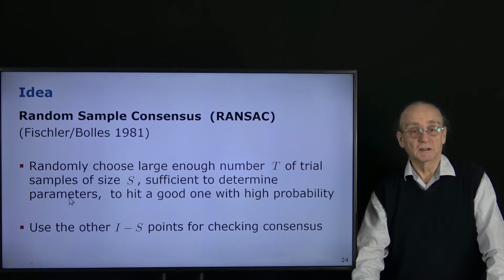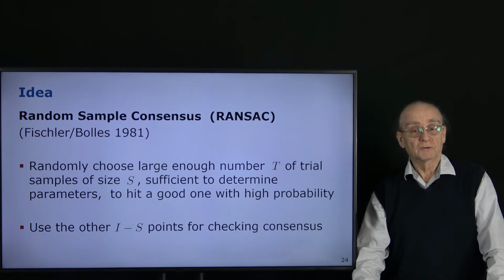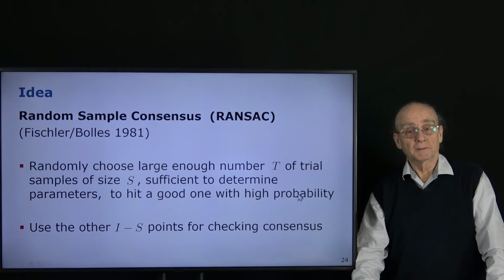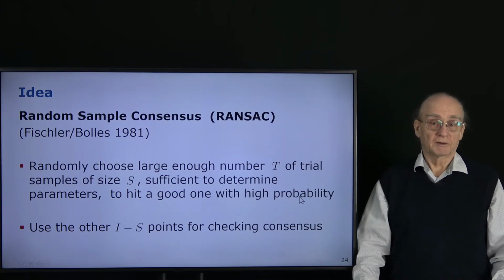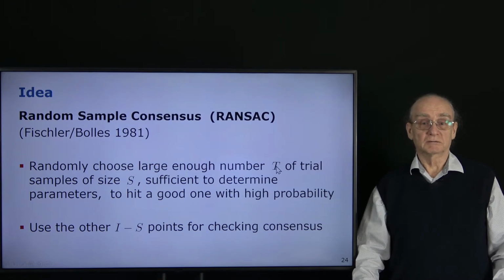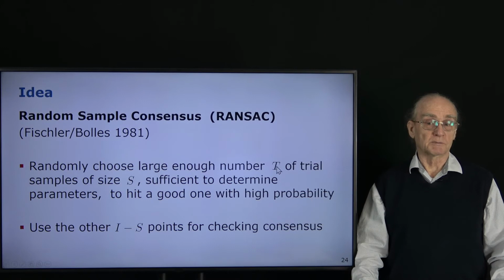So this is guaranteed now to hit a good triplet with high probability. So we would like to have that the sampling leads to a good result with a high probability. You see, we require a high probability, not 100% certainty. Otherwise, if we would have 100% certainty, we would have to take a very large sample, or even all samples which we just discussed before.